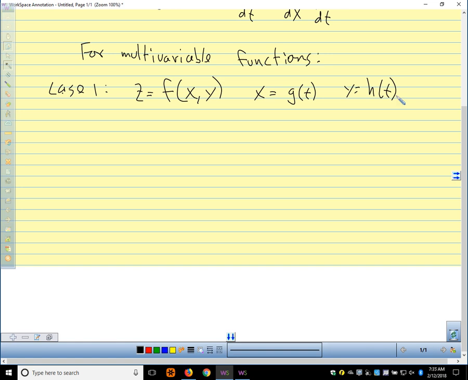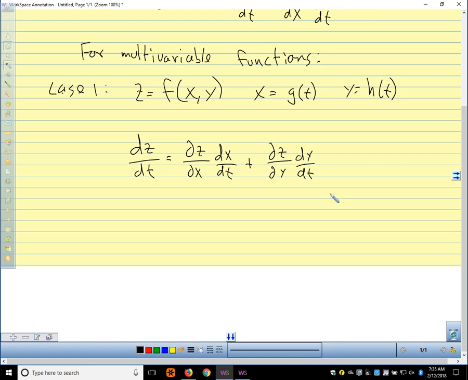So we're working with nice functions. So dz/dt is the partial of z with respect to x times dx/dt, plus we have to add in the part where z is changing with respect to y. So we have partial of z with respect to y times dy/dt.